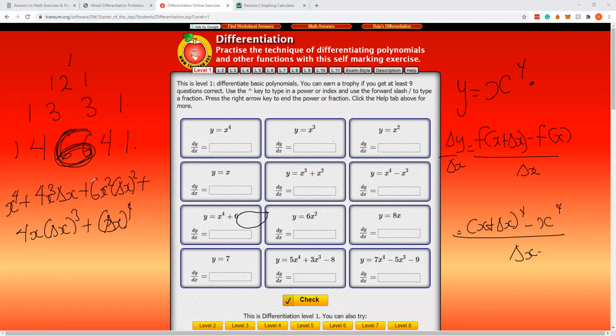So Pascal's triangle helps you in opening brackets. As you can see, the trick is that the power of the first value, x here, starts from 4 and decreases 4, 3, 2, 1, and then disappears. And the power of the second value starts from here, you can see delta x squared, cubed, and 4.